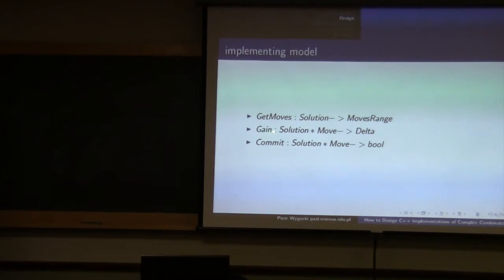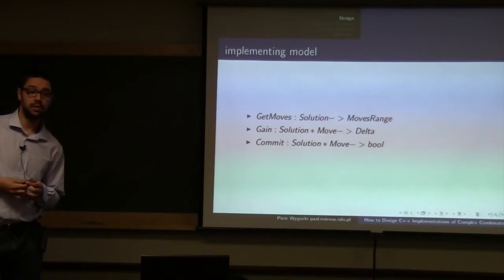And if we decided to really apply the move, we have to know how to do it. And this is this commit which takes a solution and a move and tries to apply this move on this solution. And this might be not successful, so it returns a boolean. So this is kind of an important slide because we are going to use these signatures all over the presentation.